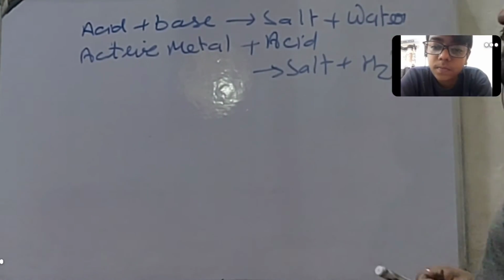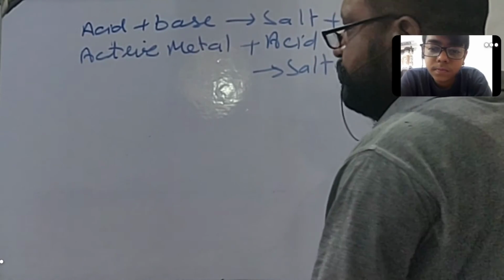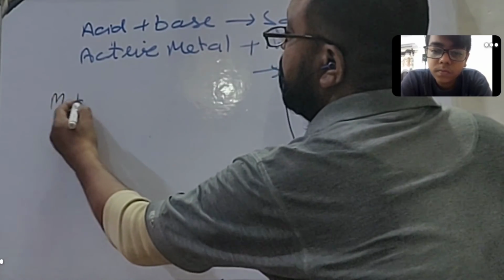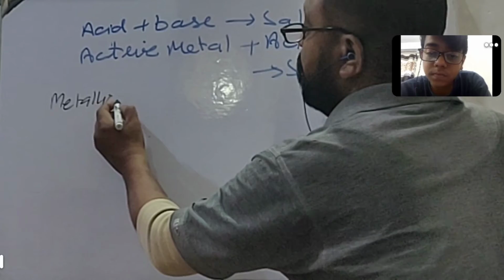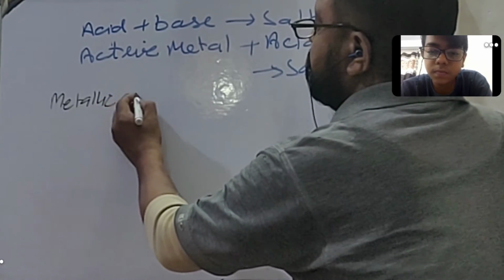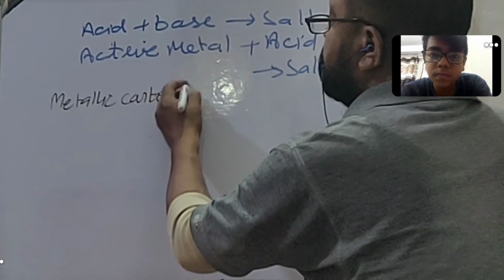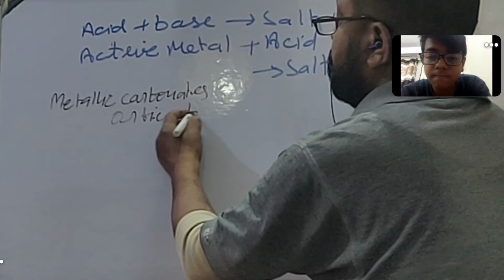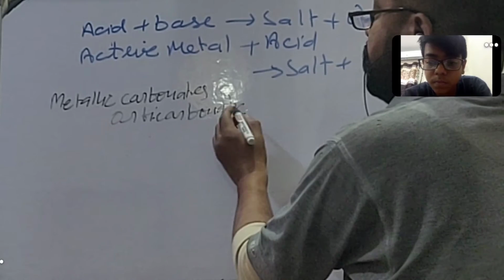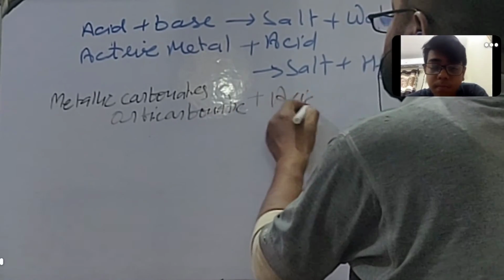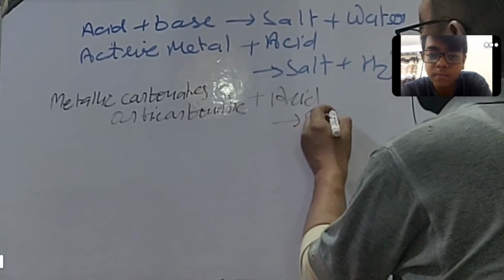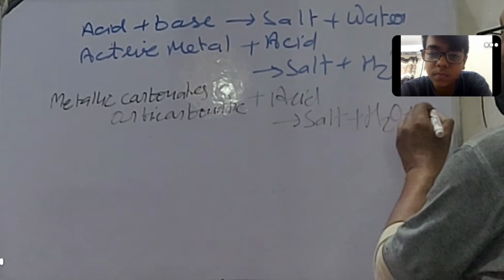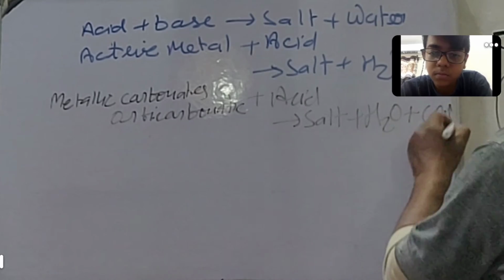And next we have metallic carbonates or bicarbonates plus acid, which gives you salt plus water plus, since it is a carbonate, CO2. CO2 gas is coming out.